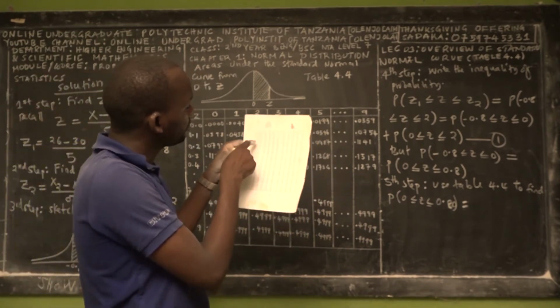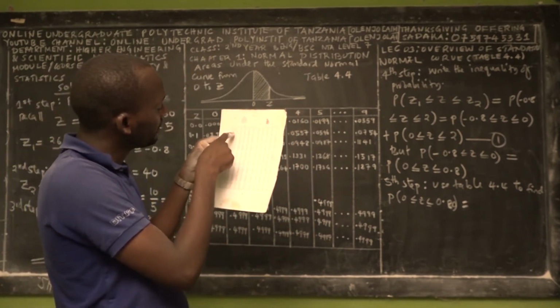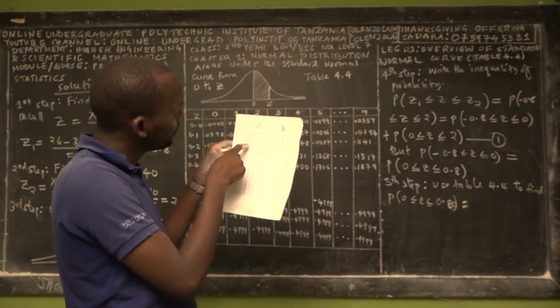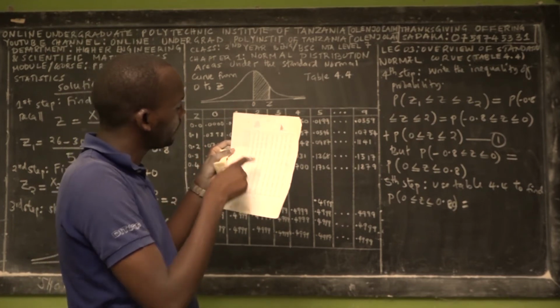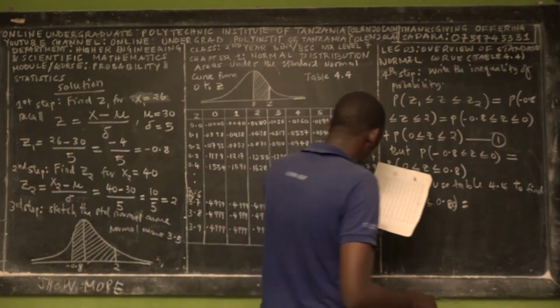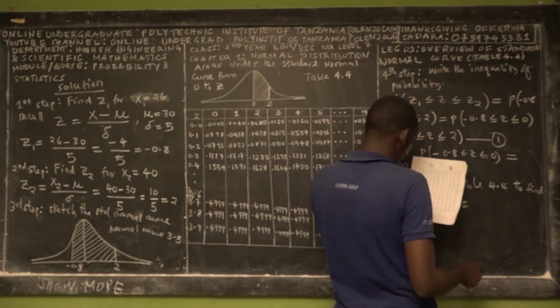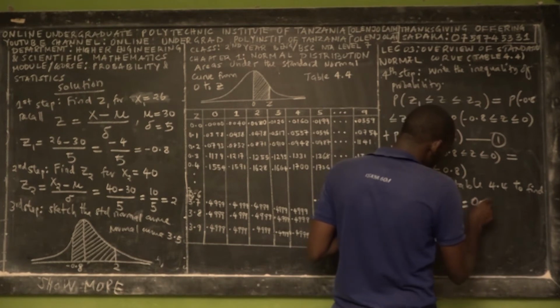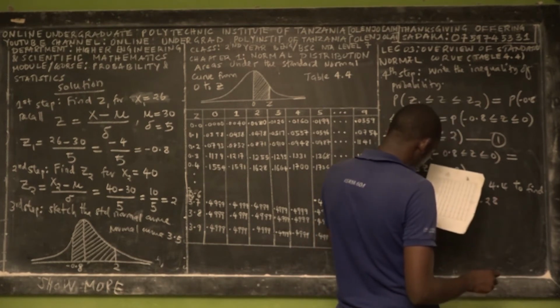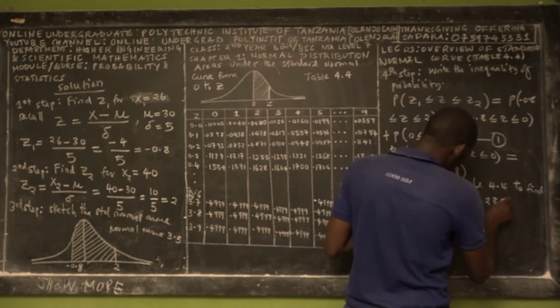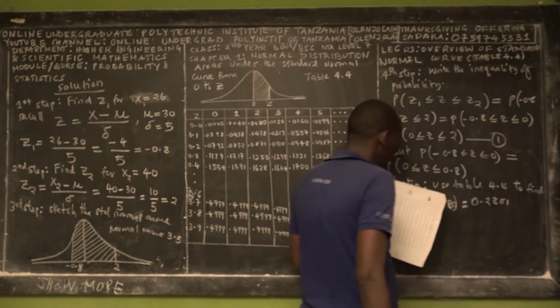Just go to the first, second, third, fourth, fifth, sixth, seventh, eighth row and the second column. So the corresponding probability is 0.2881.